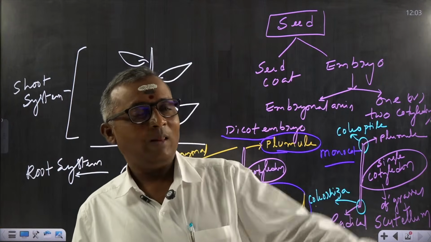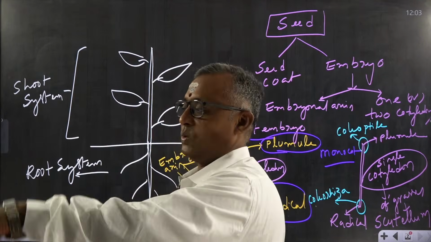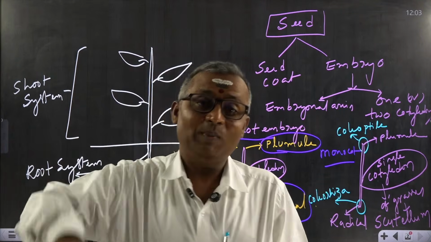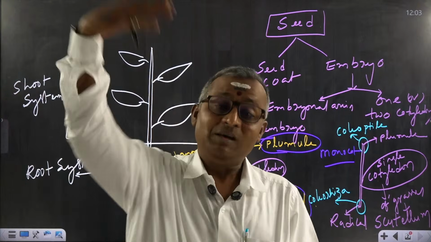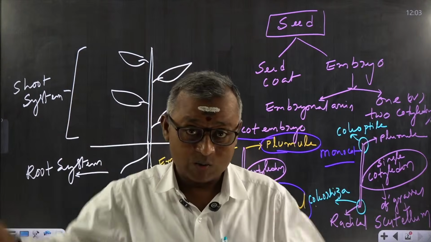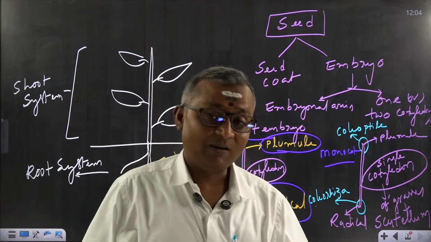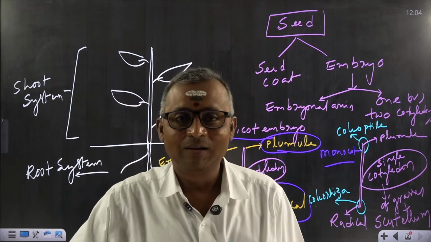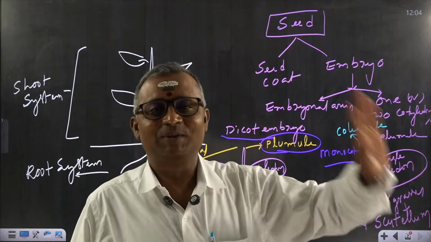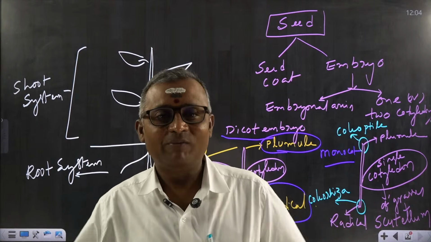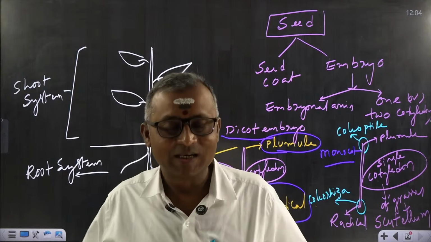If I say in all plants root is always underground, false. There are also plants which have aerial roots. There are also plants which are never fixed in the soil. Got it? For everything we have exceptions here. So don't go into those details.